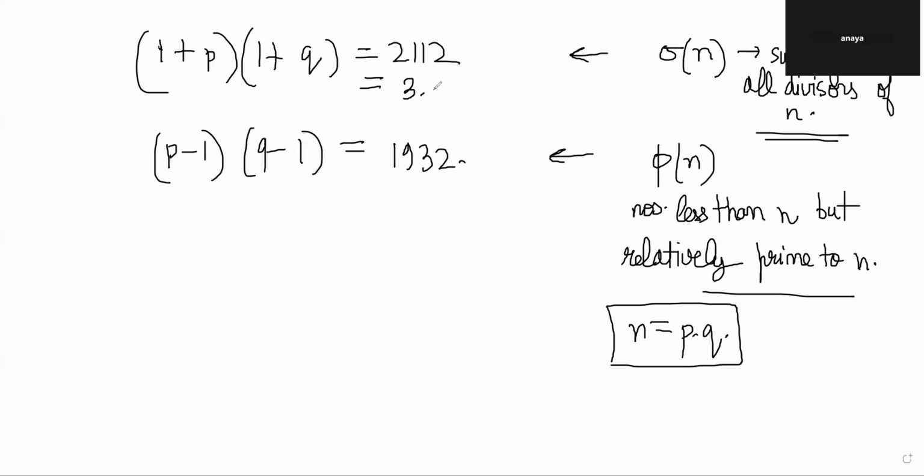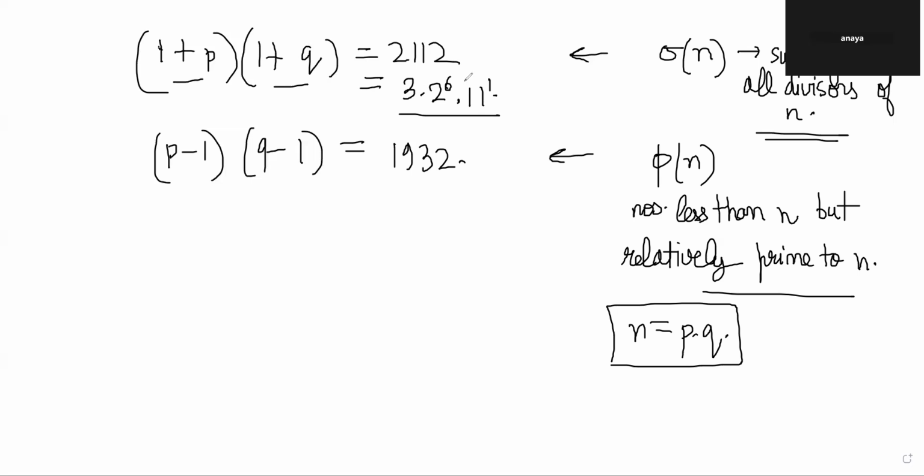So 64 into 11. So it is 2 power 6 into 11. This is my 2112 number, correct? So what I want is a product of two numbers to be equal to this.